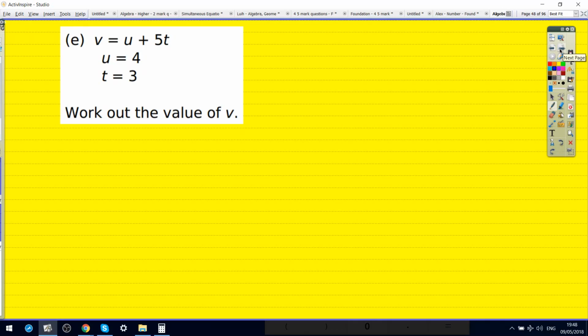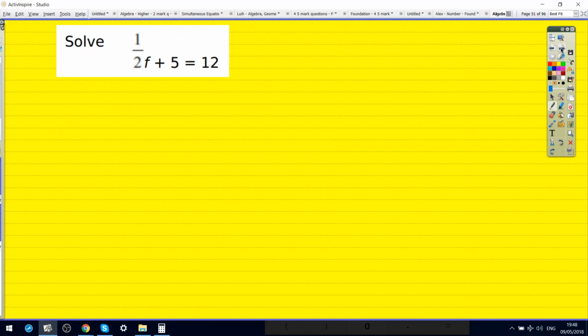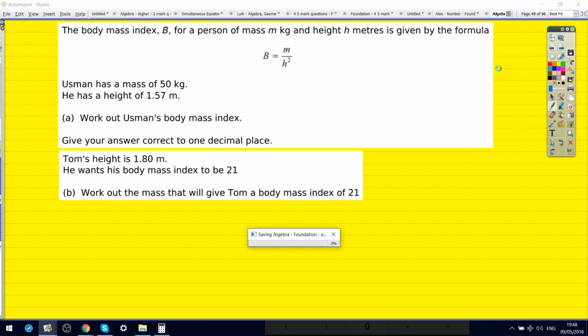So those ones are straightforward. Okay, let's try part. I think you're gonna be fine. Okay, so now we're solving. Oh, what's this thing doing? Okay, this is just freezing on me.